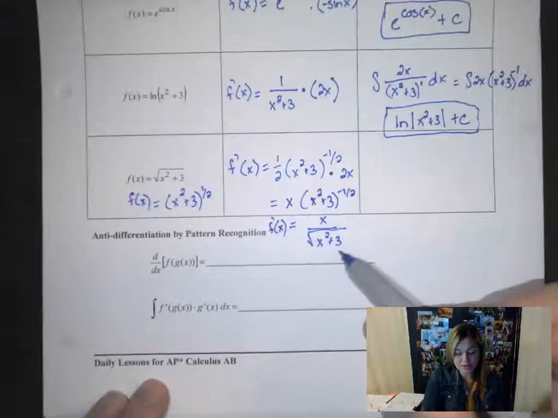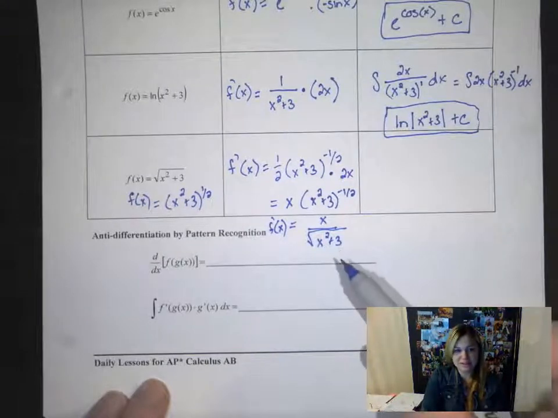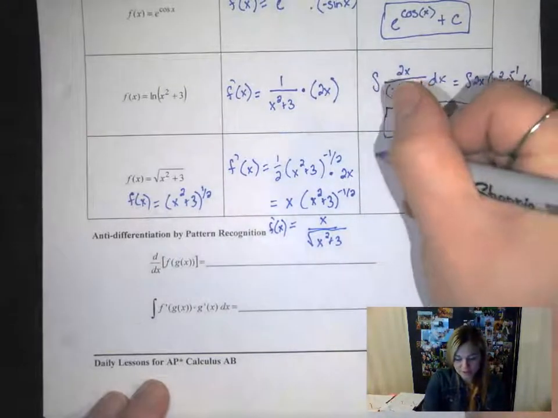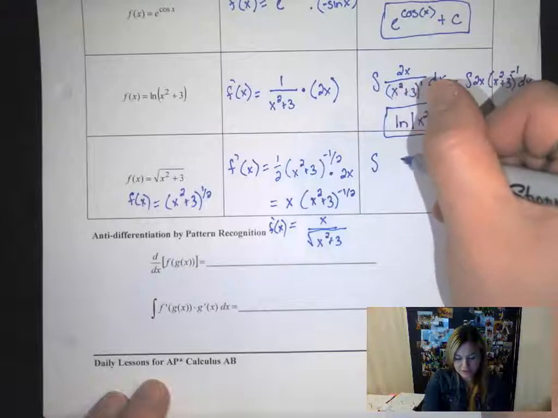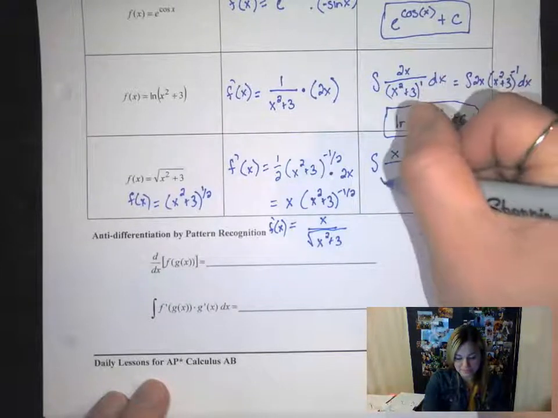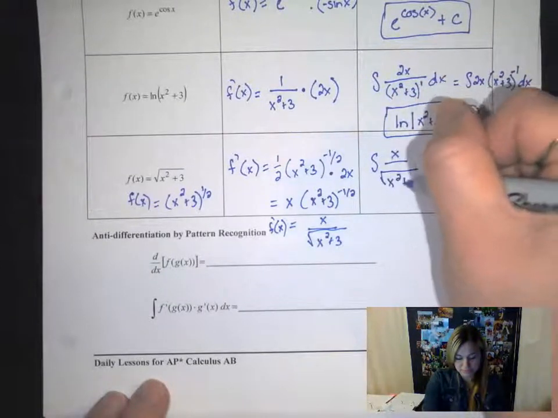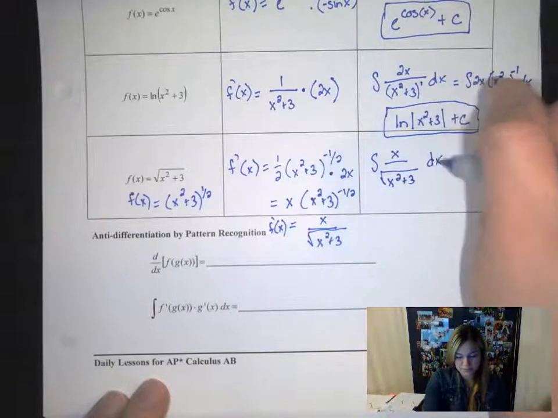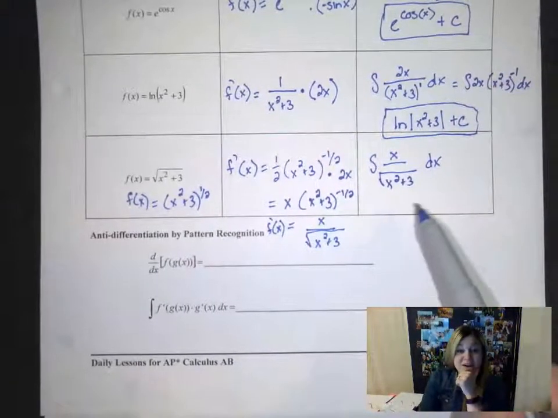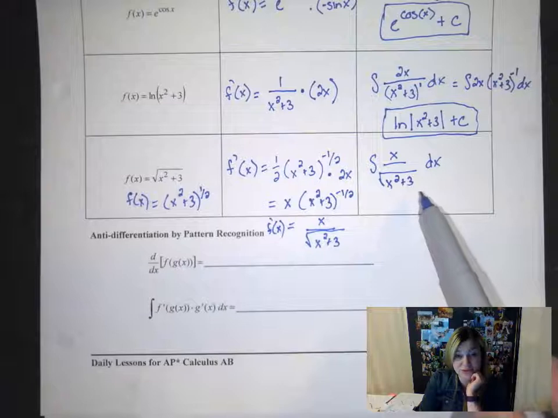This can be really tricky to figure out and be like, what did I start with here if I'm integrating? So if I saw this integral, I'd ask, what could I possibly do here to get back to the original function?